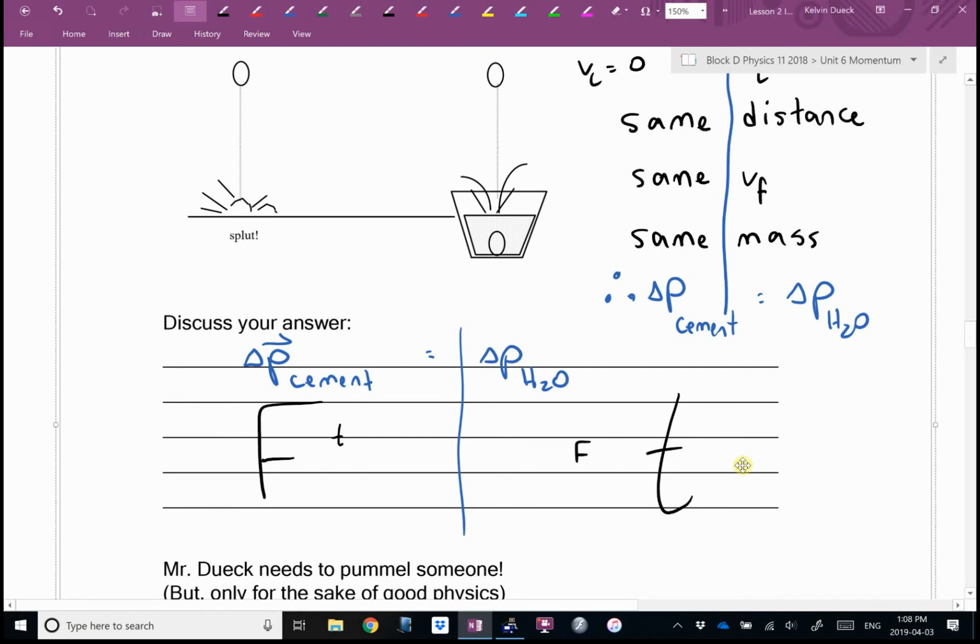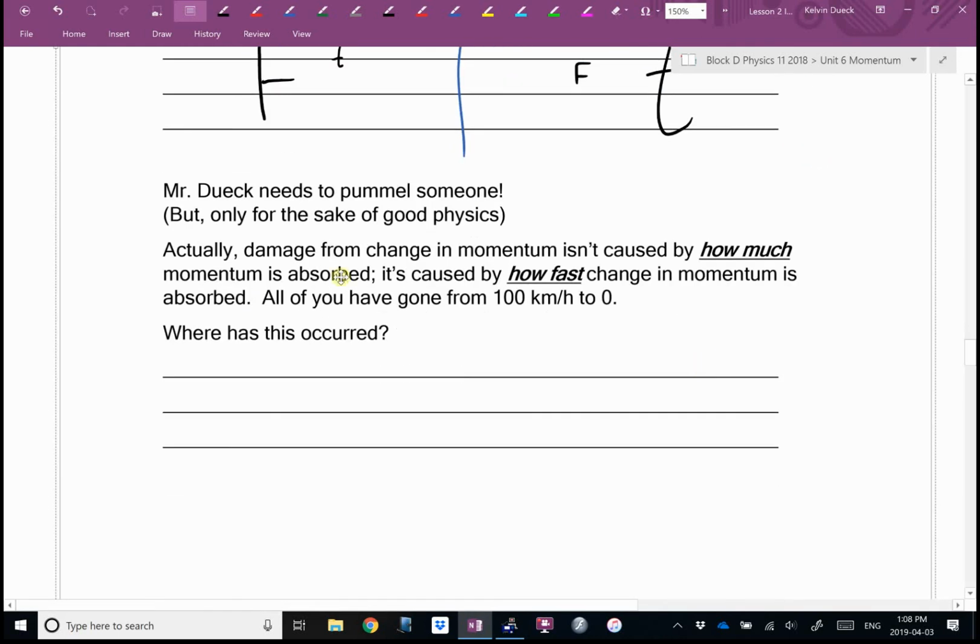This idea that I can reduce force by lengthening the time of collision has huge implications. Damage from impulse, from change in momentum, isn't caused by how much momentum is absorbed. It's caused by how fast the change in momentum is absorbed. All of you have gone from 100 kilometers to 0 many times.